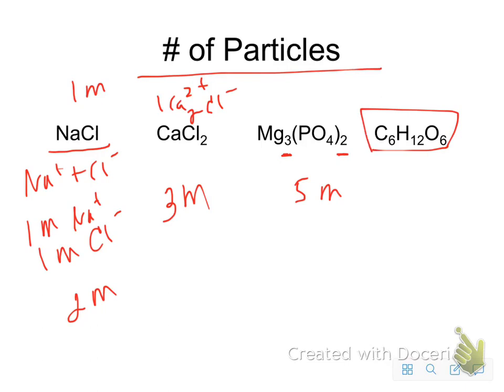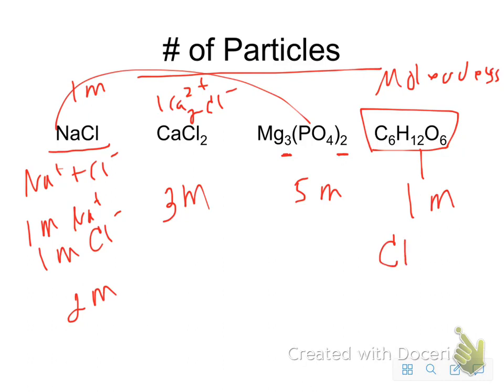The difference is, ionic compounds break up into ions. Molecules, things covalently bonded, do not break apart, do not ionize. So I only end up with 1 molal. So anything, it could be an alcohol or any covalent compound, is not going to break apart.